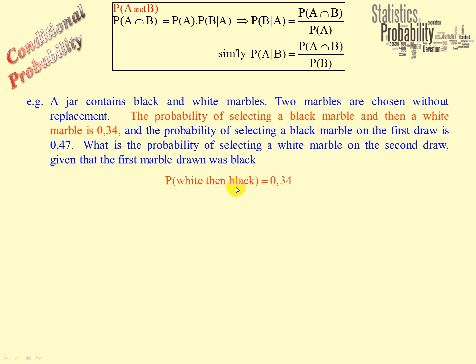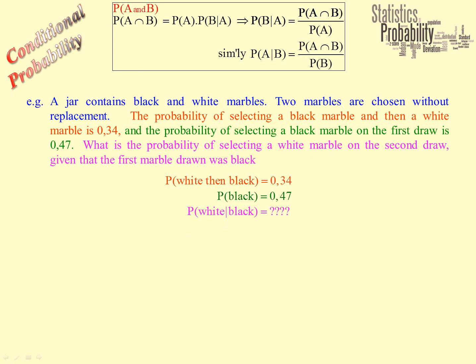Well, we know that probability of black then white is 0.34. That's the intersection. We know that probability of selecting a black on the first draw is 0.47. So there, probability of black, 0.47. Probability of drawing a white on the second given black on the first. So probability of white given black, we've been asked for.